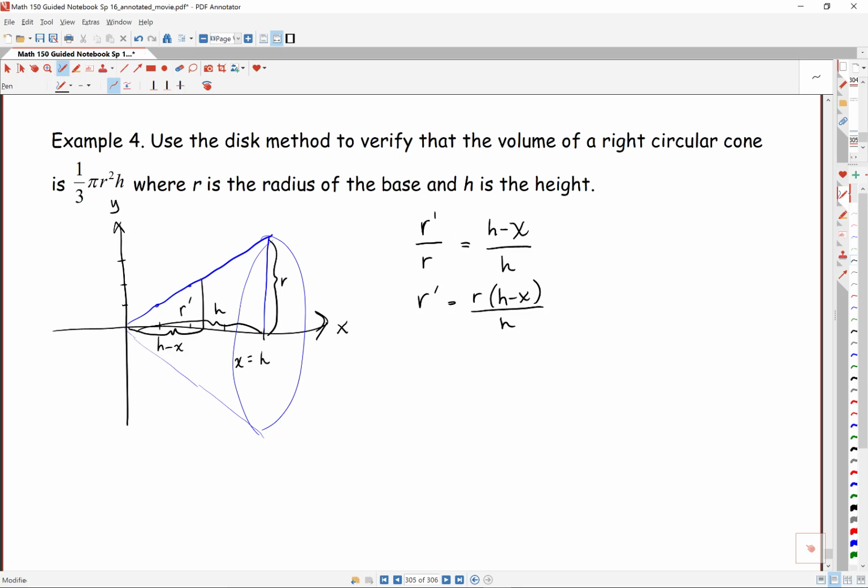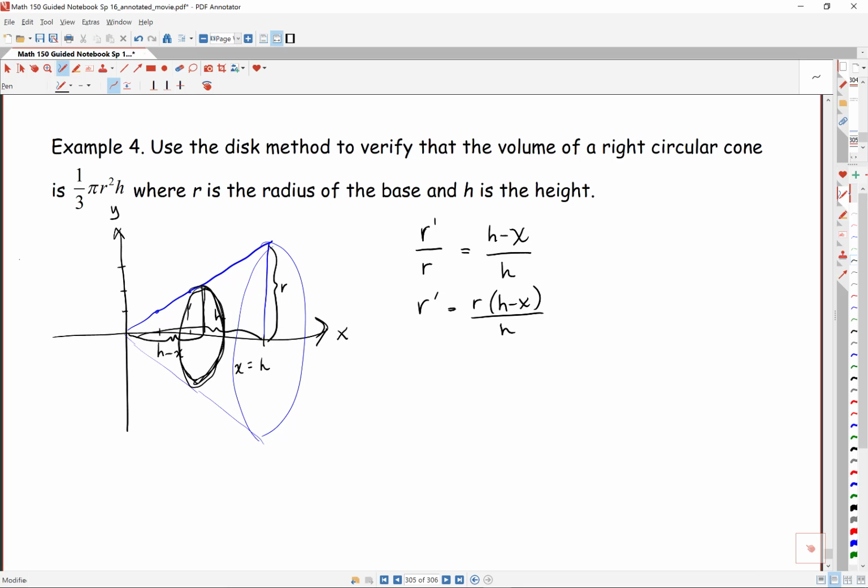If we looked at this, it would be a circle. Can you visualize that? This cross section with a radius of r prime is a circle.